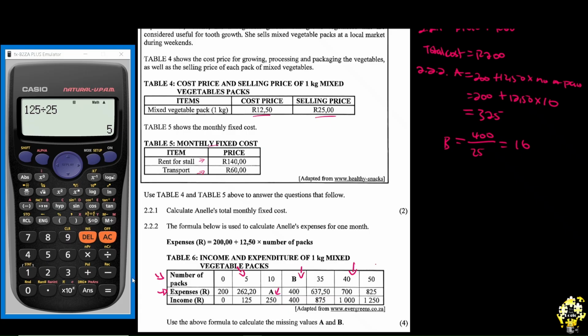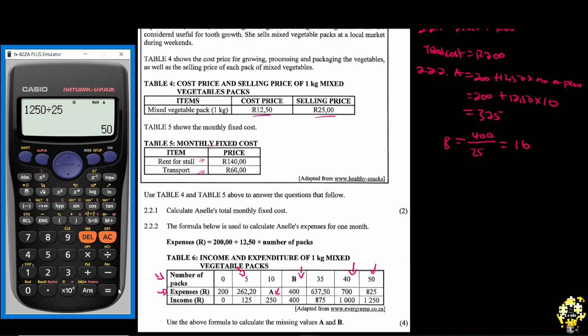Even if we were to use this, we're still supposed to get the same answer: 1,250 divided by 25, which is the selling price, gives 50 packs. So that's how you do that one. As simple as that. You can even try to transpose here.